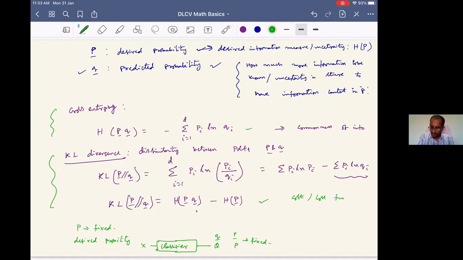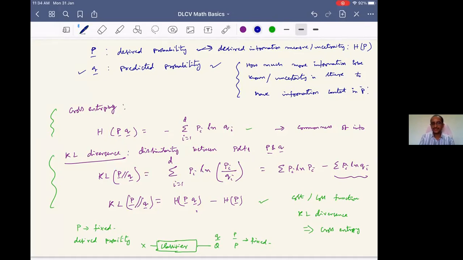I think cross-entropy is enough. The reason being, the loss function being KL divergence is exactly equal to the loss function being cross-entropy. Why is it enough to have the cross-entropy itself as the cost function?